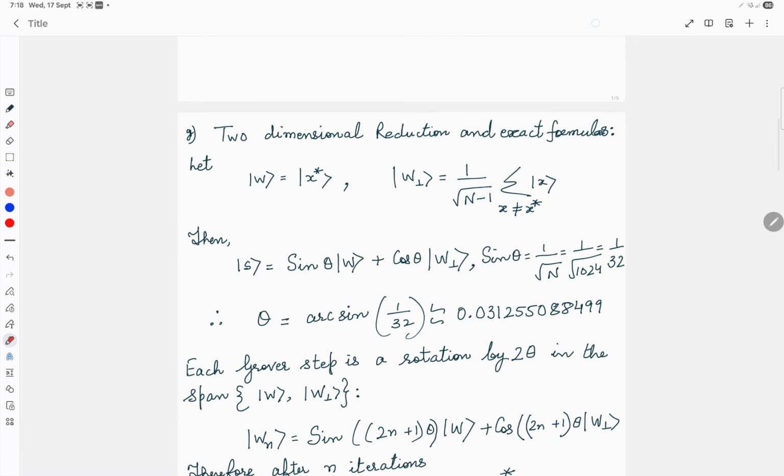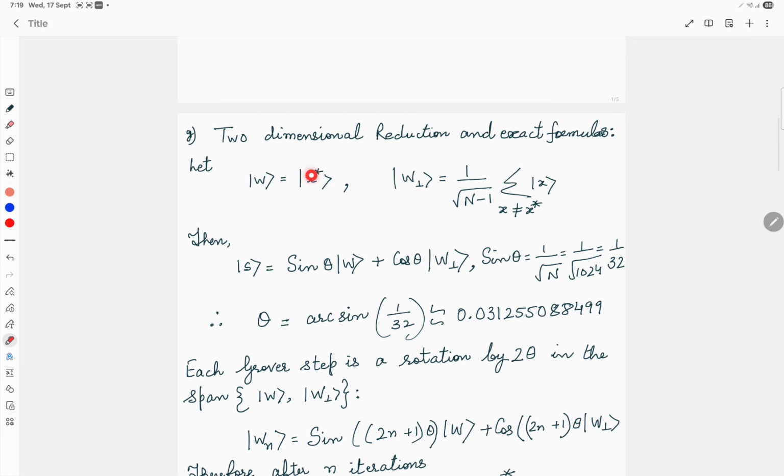Now let us form an orthonormal basis, and we consider a two-dimensional reduction, and exact formulas for that are given like this. Ket w is our target state.